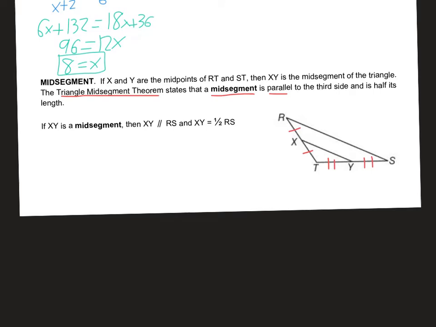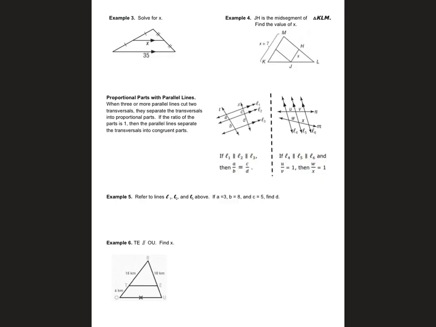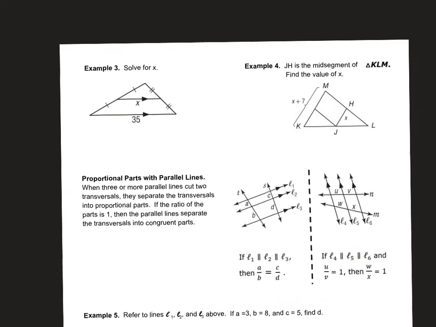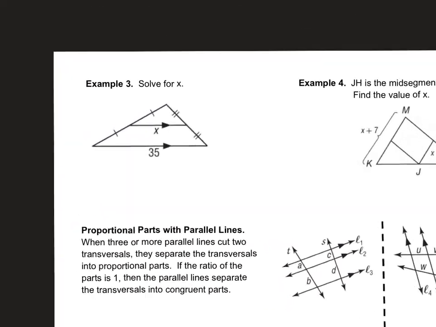So, essentially, if x is a midpoint and y is a midpoint, then the line xy is going to be parallel to rs. It's going to be half the measure of rs. So let's take a look at some applications of the mid-segments.